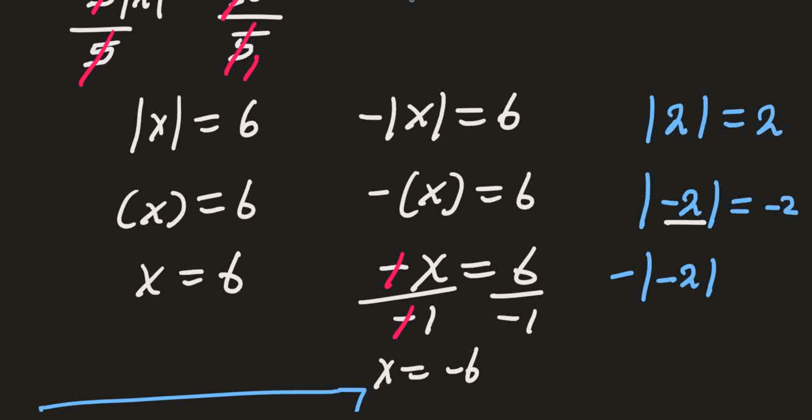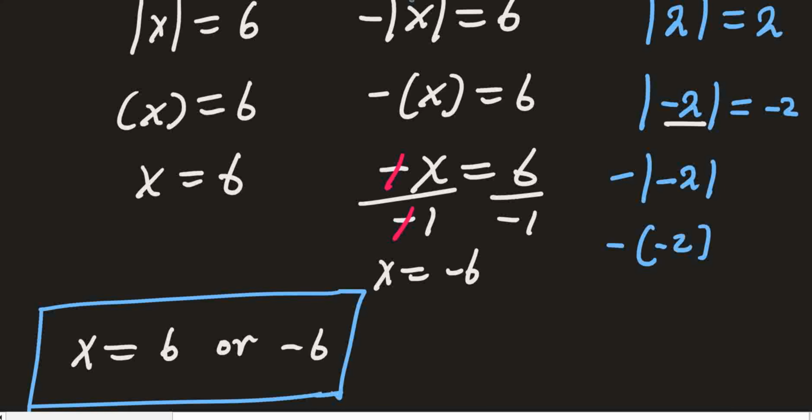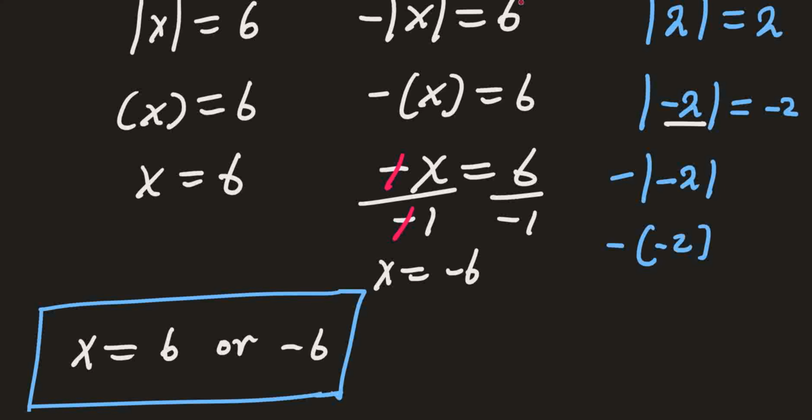and clear the absolute value, use a parenthesis, and by the time you distribute this negative sign, use it to multiply this, then you're going to have +2.